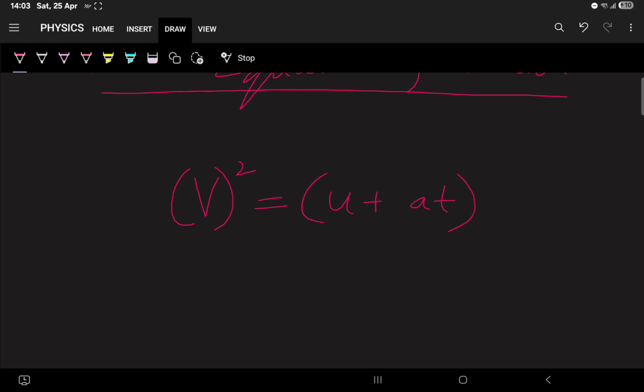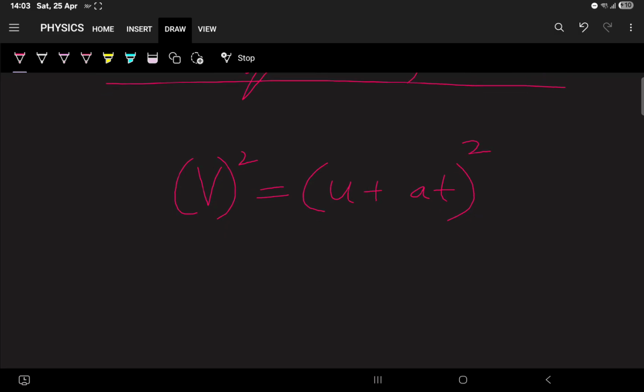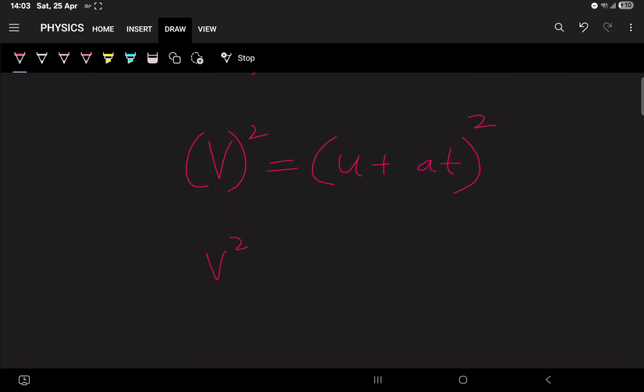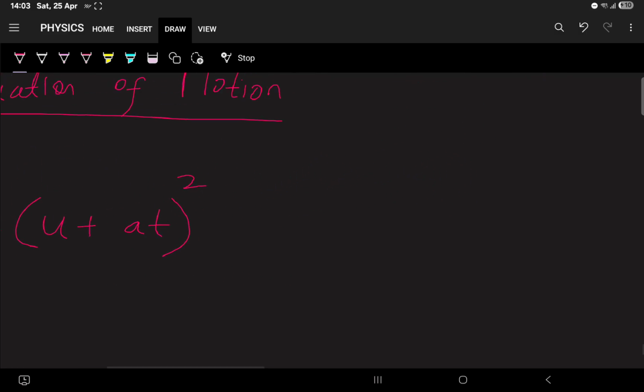So the left hand side and the right hand side of the equation, I'm going to square both sides. So v squared is going to equal, now remember from algebra, if you have a plus b all squared, the expression is a squared plus 2ab plus b squared.